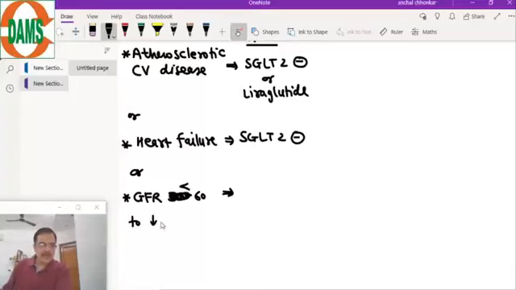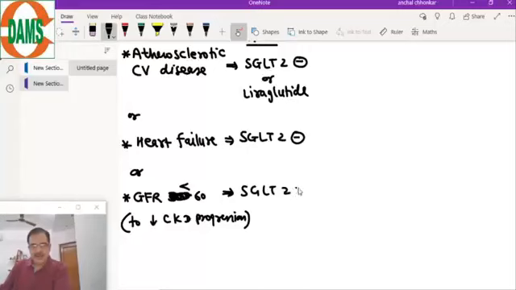So to decrease CKD progression, add SGLT2 inhibitors, because second most common cause of death in diabetes is kidney disease.